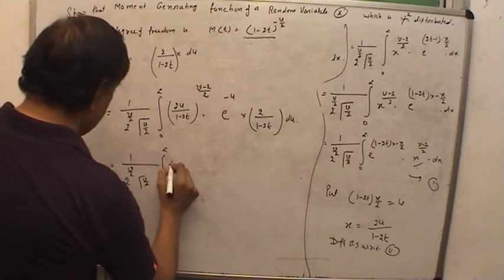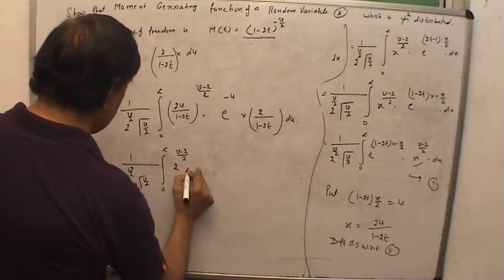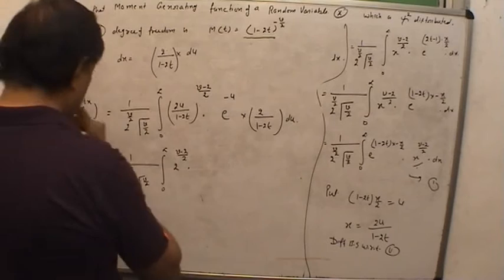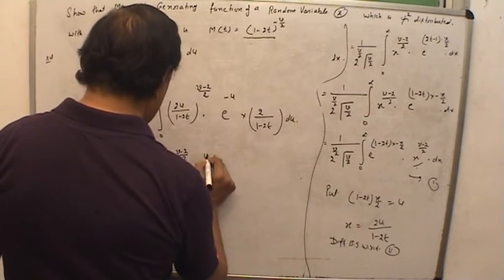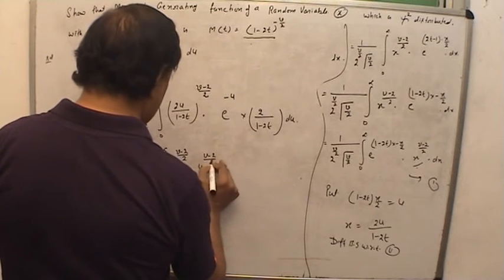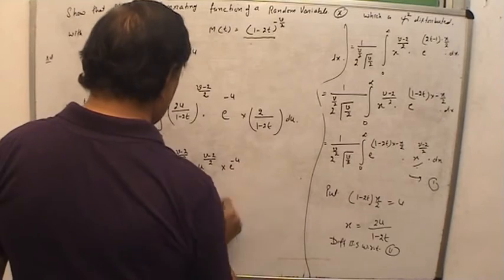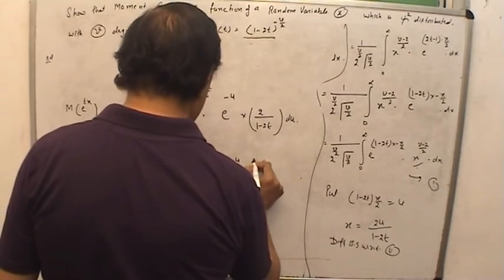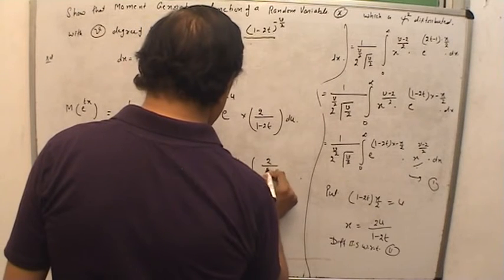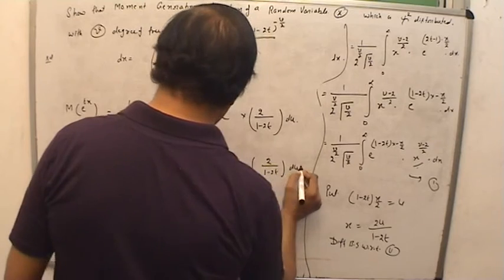Here we separate the 2 raised to the power v minus 2 divided by 2, into u raised to the power v minus 2 divided by 2, into e raised to the power minus u, into 2 upon 1 minus 2t into du.